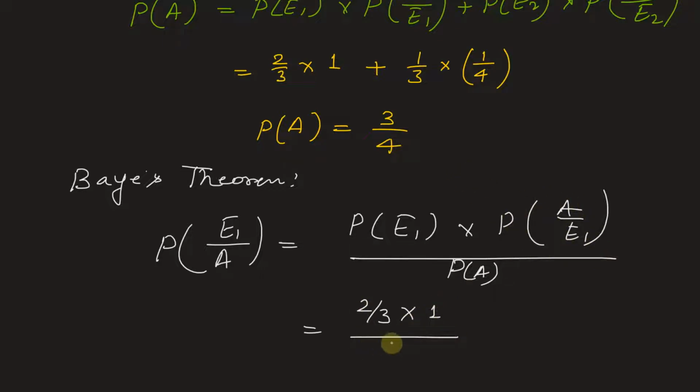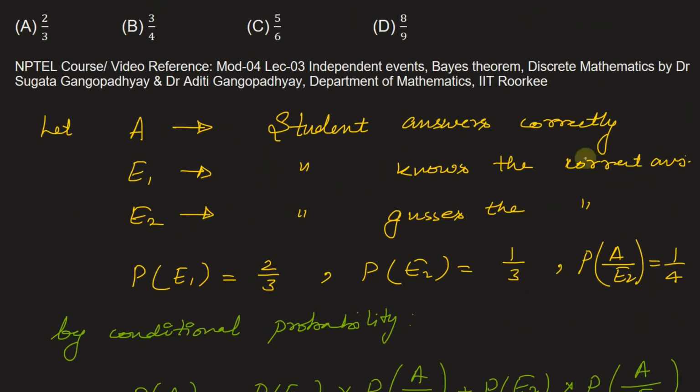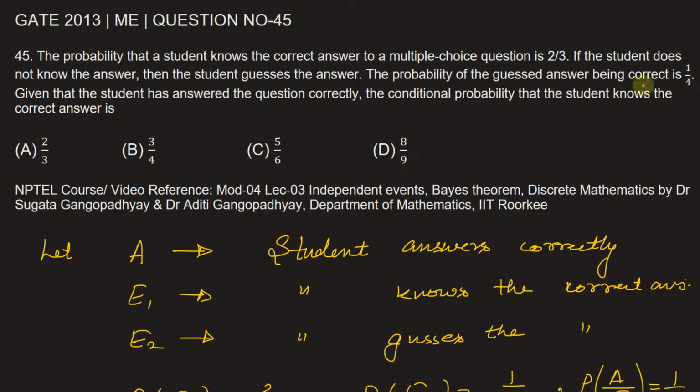So 1 divided by 3 by 4, we just found out the value of P(A), so this value is 8 by 9. Okay, so P(E1|A), where E1 is student knows the answer and A is student answers correctly. That means the conditional probability that the student knows the correct answer is option D, 8 by 9.